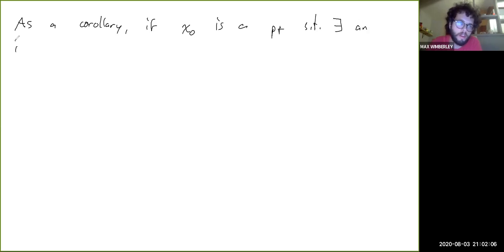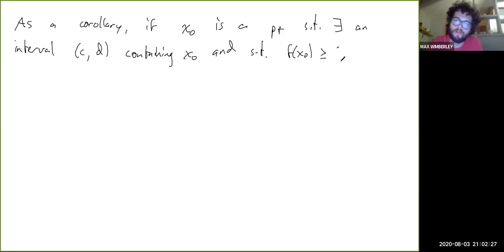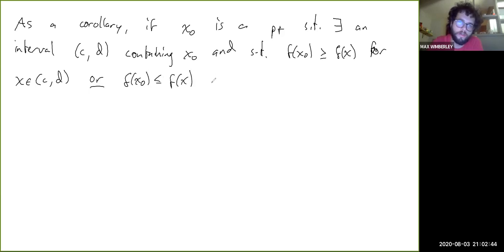As a corollary, if x naught is a point such that there exists an interval, CD, containing x naught and such that f of x naught is greater than or equal to f of x for x in CD, or f of x naught is less than or equal to f of x for x in CD.